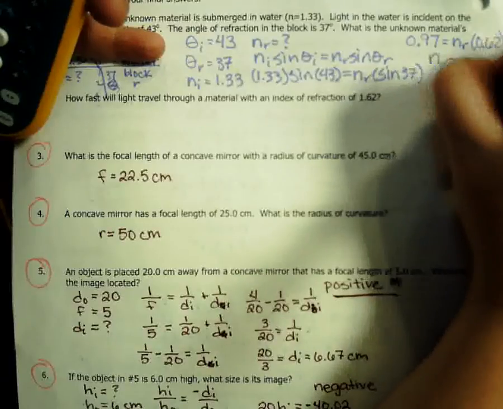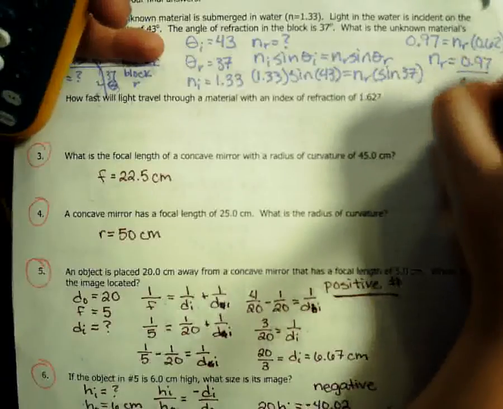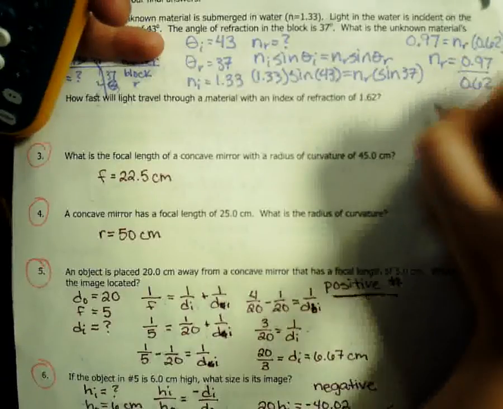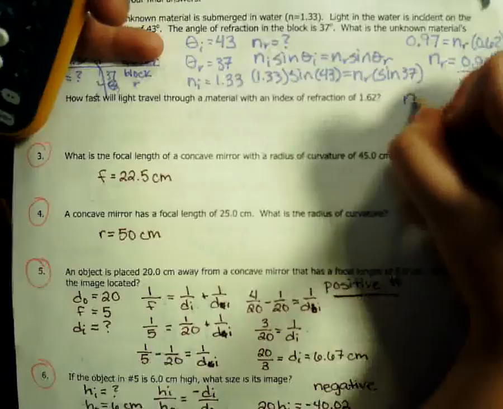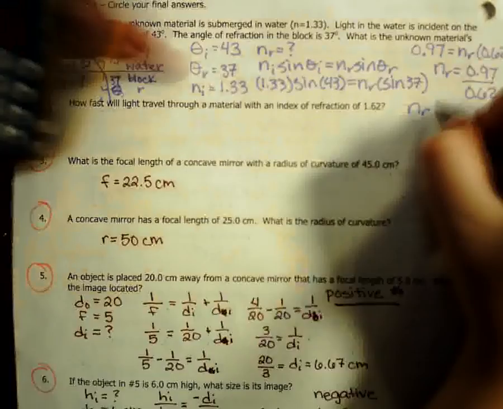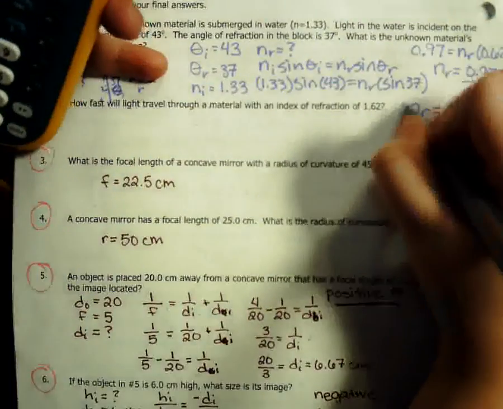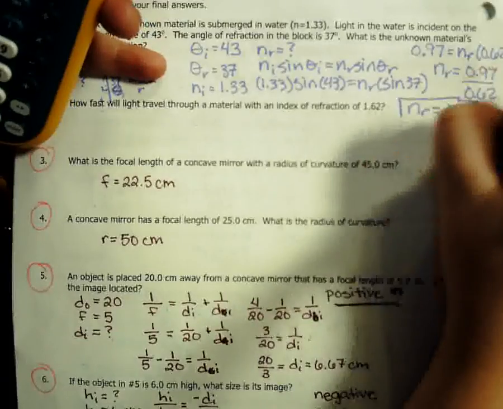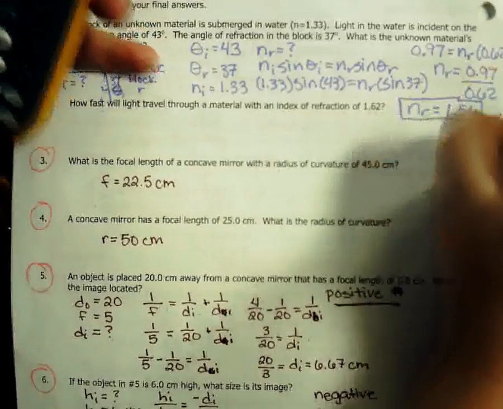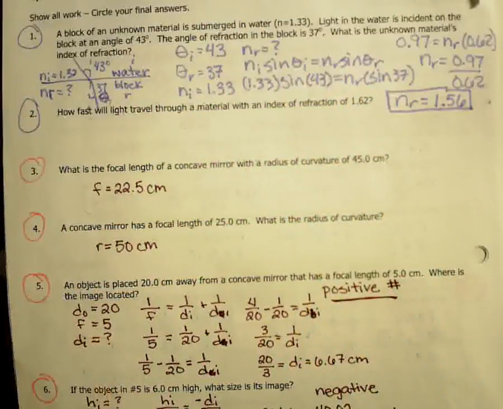So Nr is 0.97 over 0.62. Nr is 1.56. So yes, it's not only greater than 1, but it's also greater than 1.33. Yay!